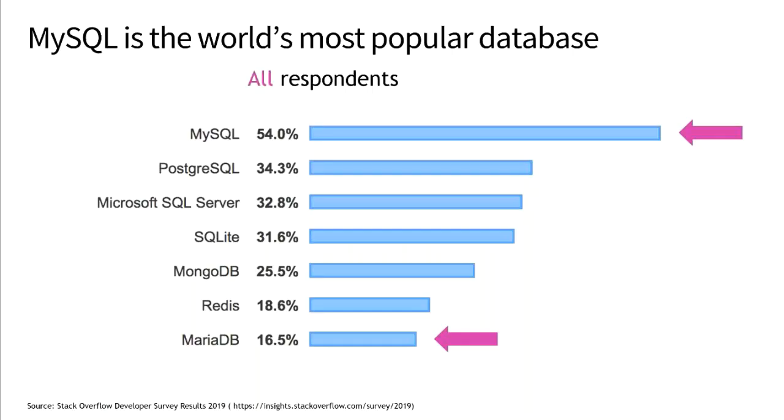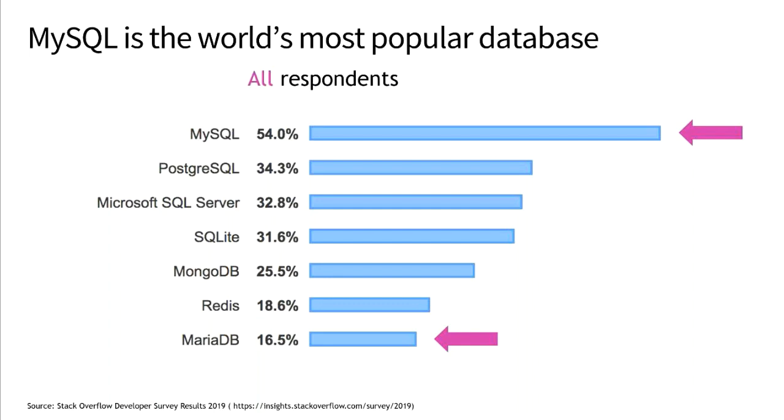So we've been looking at some research that shows the popularity of various database engines, and you might have seen some similar surveys online. MySQL is still the most popular database. This is a survey that was done among Stack Overflow readers. And you'll see that the MySQL family, both MySQL and MariaDB, have received a very high number of responses in terms of usage.